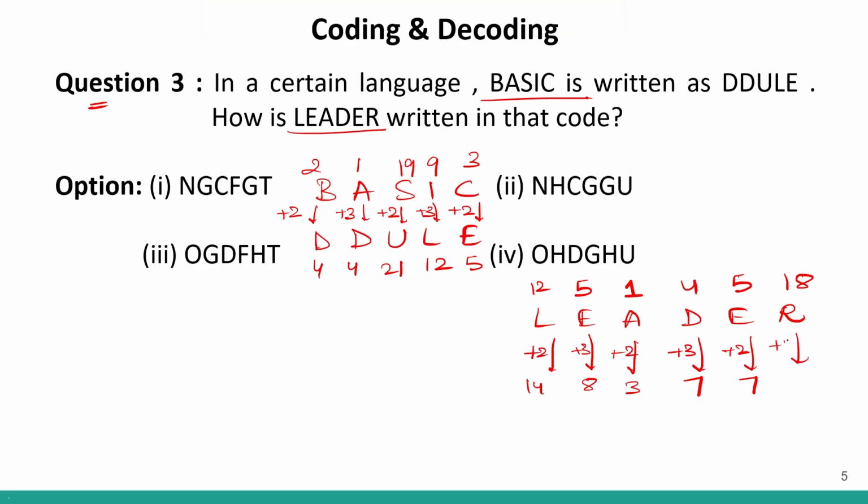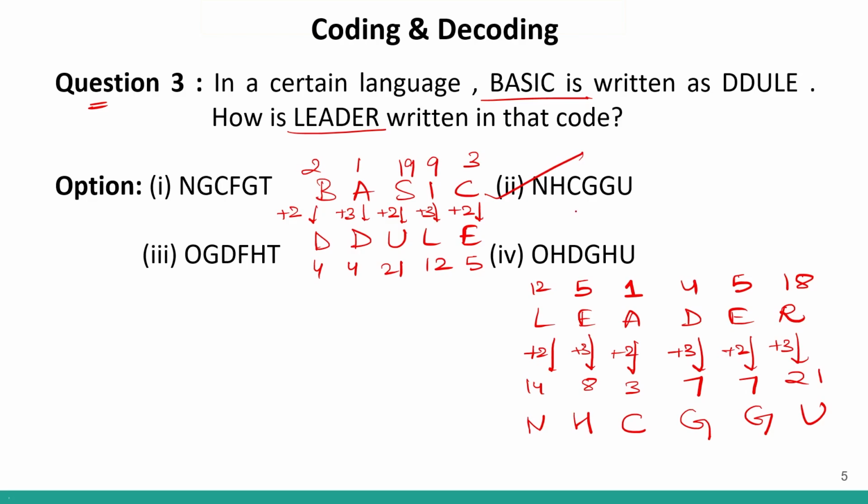And if I go plus 3, I'll get how much? 21. Correct? So at 14th, we have N. At 8th, we have H. At 3, we have C. 7, we have G. 21, we have U. So the code is NHCGGU, which is given in which option? It is given in option number 2. So option number 2 is the correct answer to this question.